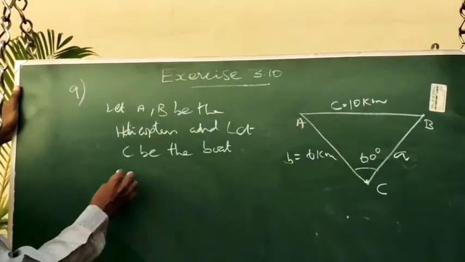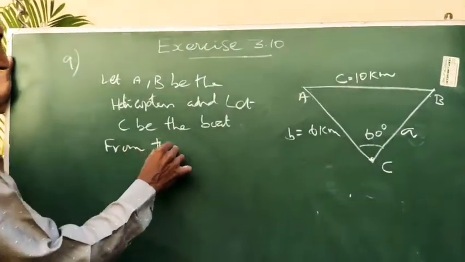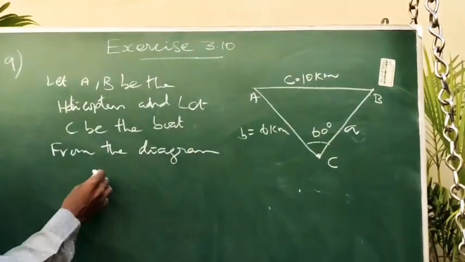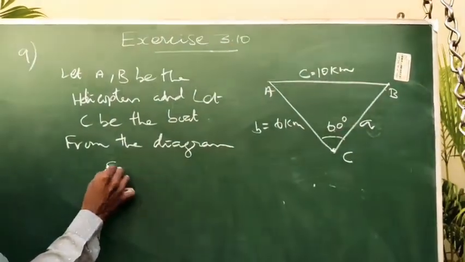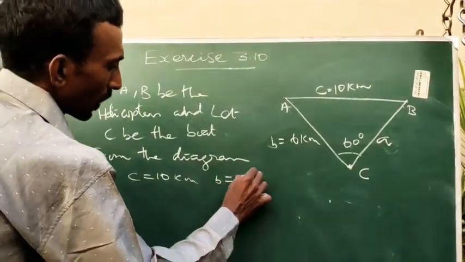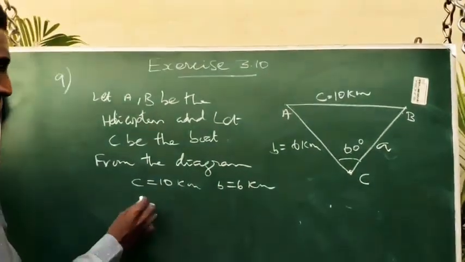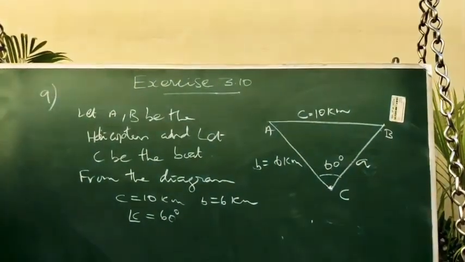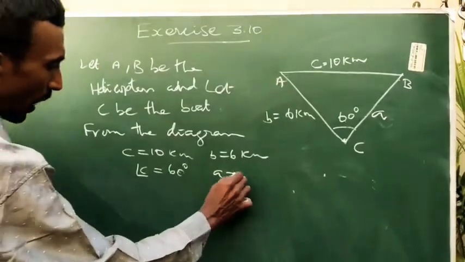So from the diagram, c equal to 10 kilometer, b equal to 6 kilometer, and angle C equal to 60 degree. So our aim is to find out a.